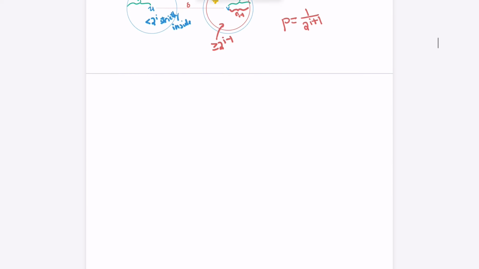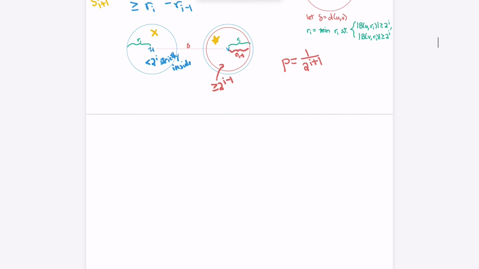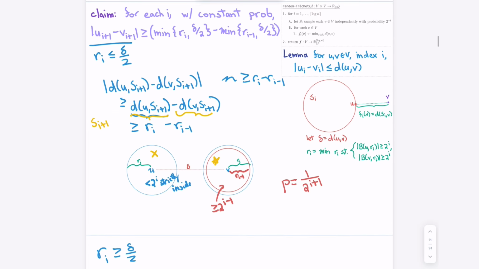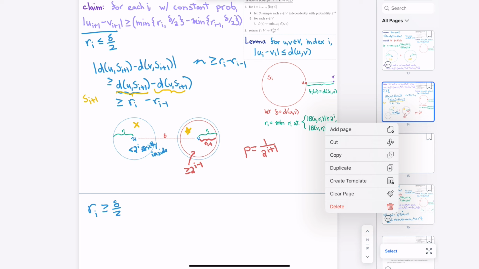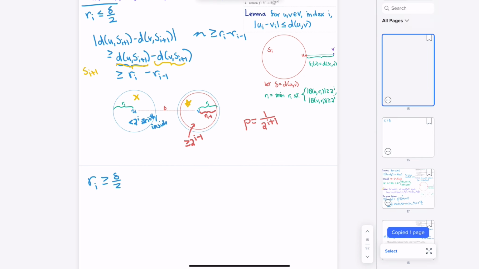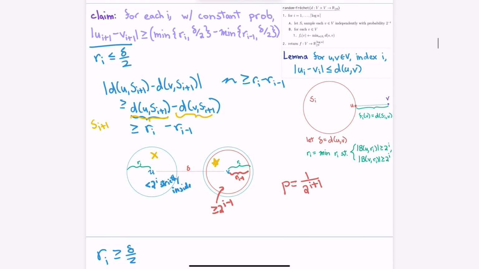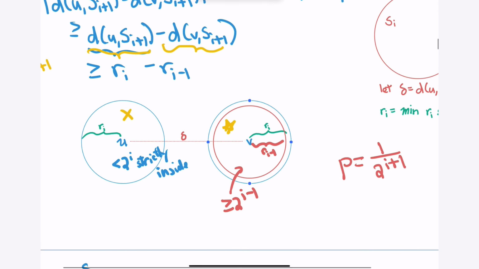The other case is where Ri is greater than or equal to delta over 2. Maybe I can just duplicate this. Okay, so the other case is where this becomes a greater than or equal to. But that means this is bigger than Ri minus 1. So the picture will change a little bit.